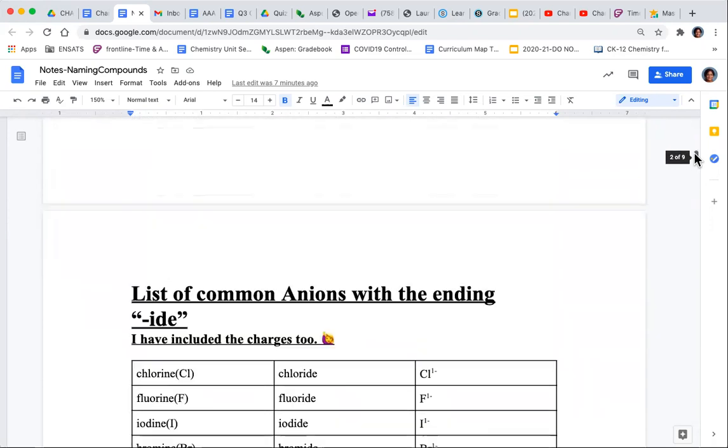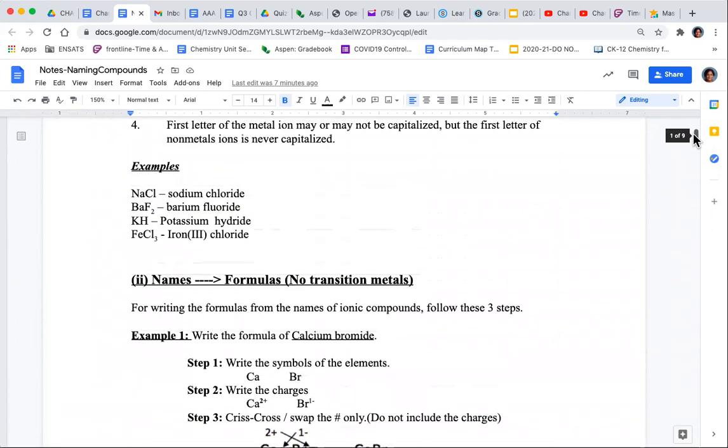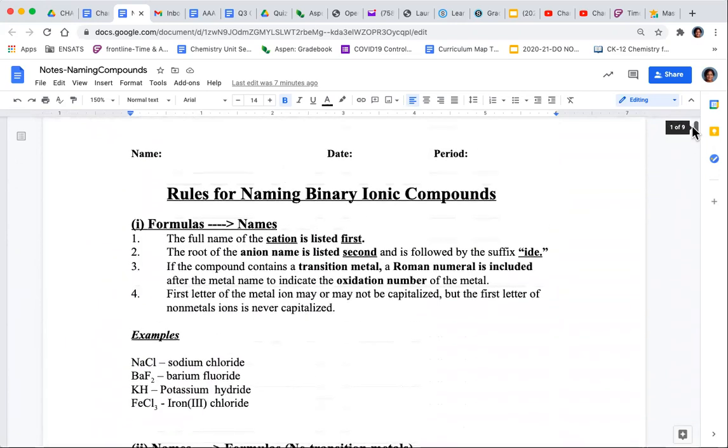Let's move on to the examples now. First name, sodium, and I see Cl, that is chloride. So sodium chloride, check.